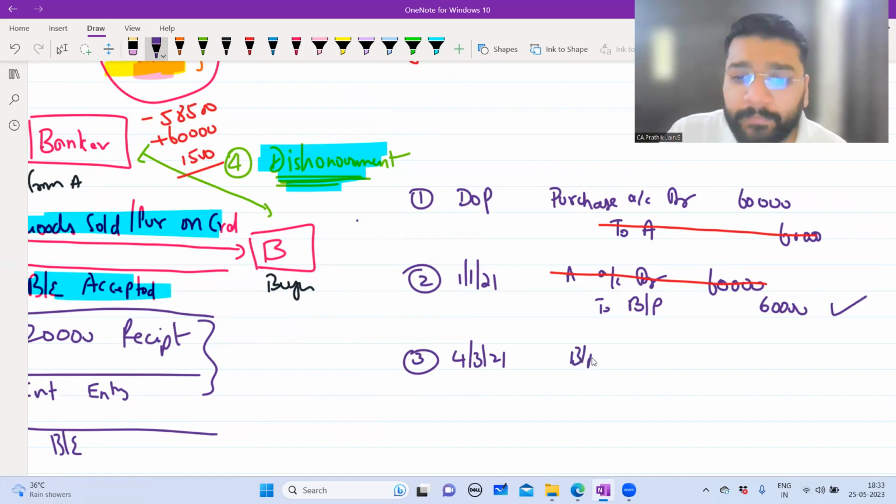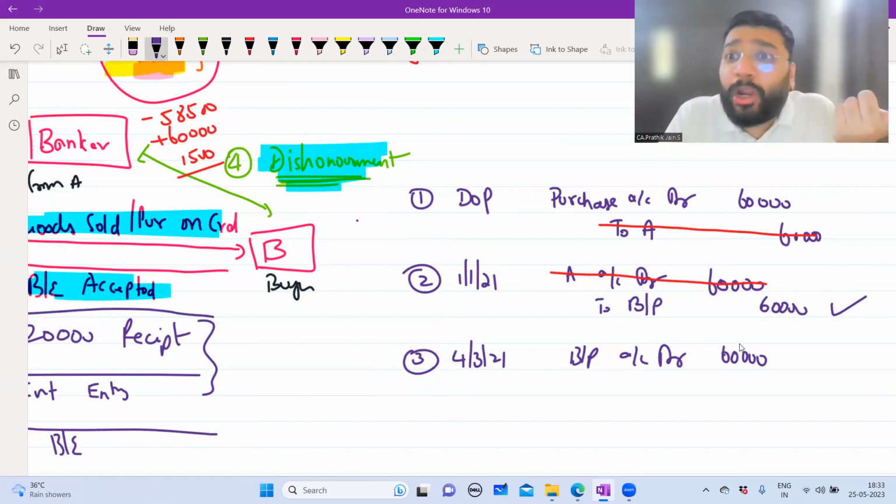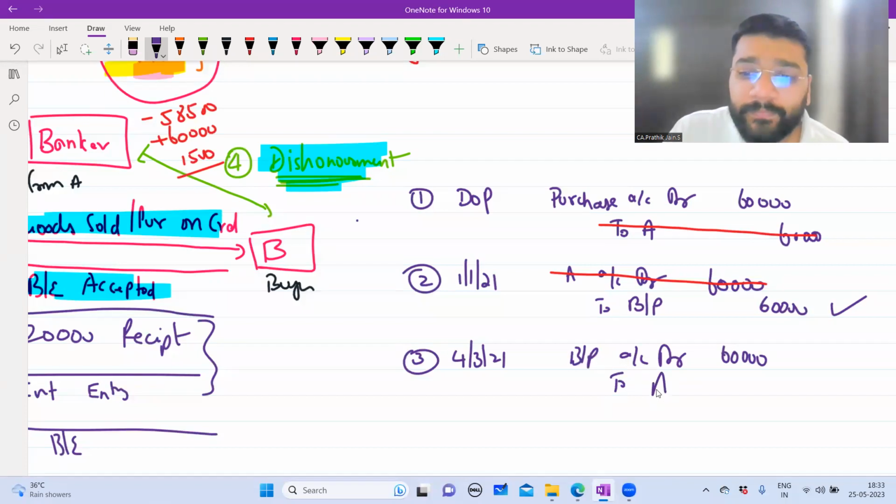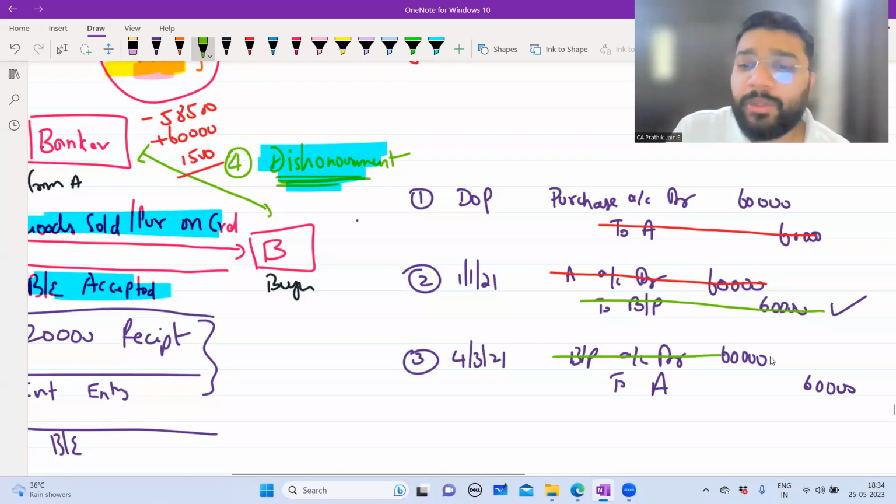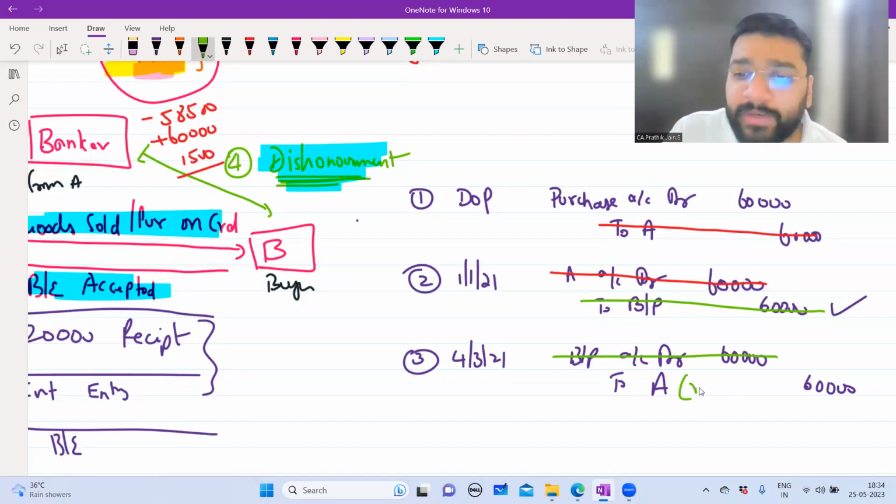Bills payable account debit 60,000. And I have still not paid the payment to the creditor, so I have to recreate the creditor: to A, 60,000 rupees. Very simple. Bills payable you opened here, you closed here, and A, the creditor, you have recreated. Any problem?